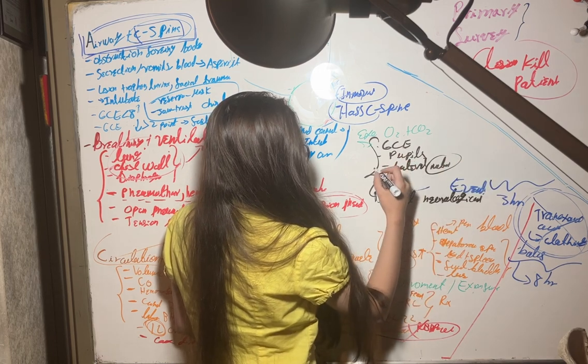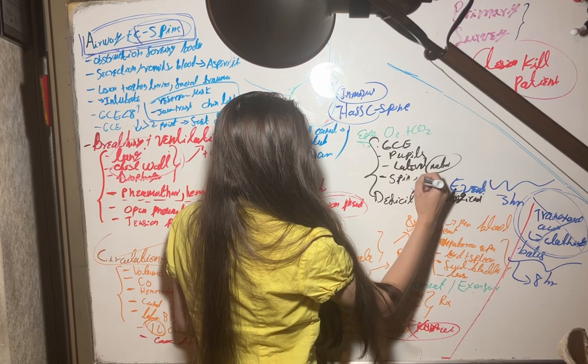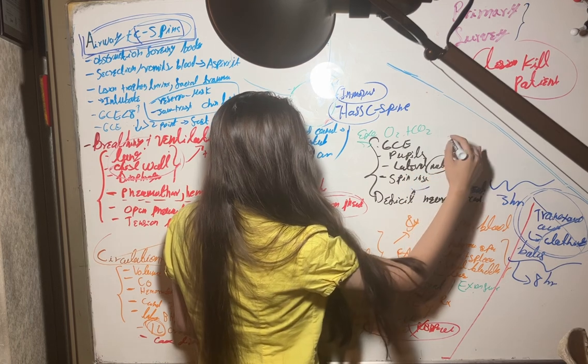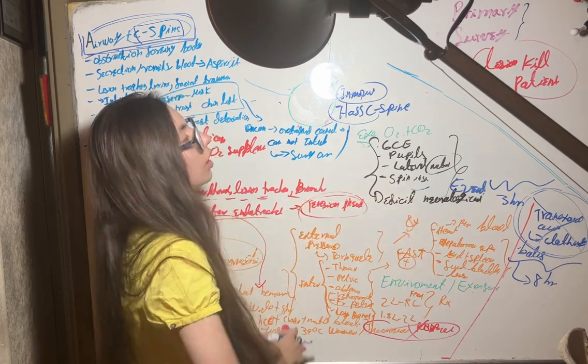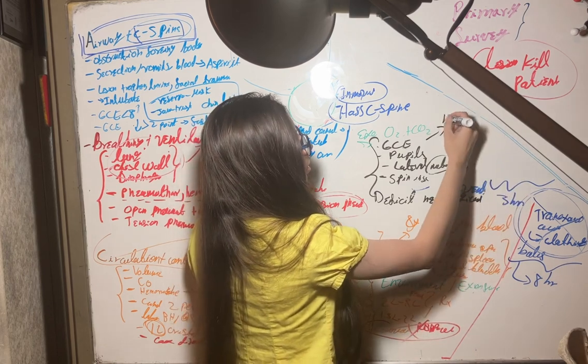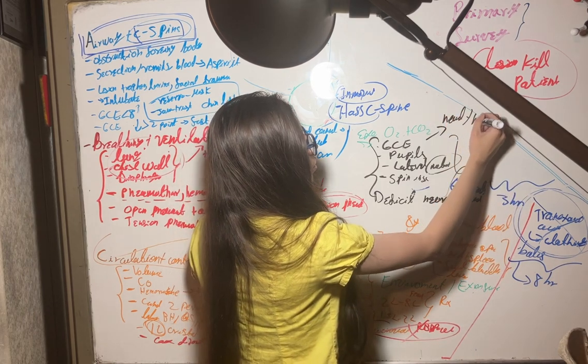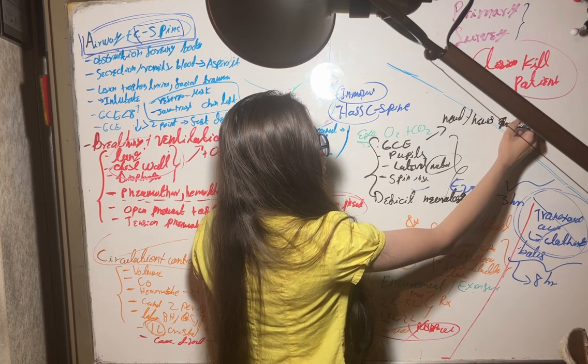And we also evaluate for spine injury. If we suspect some injury to the spine or the brain, the patient should be transferred to a care facility that has neurology and neurosurgery doctors.